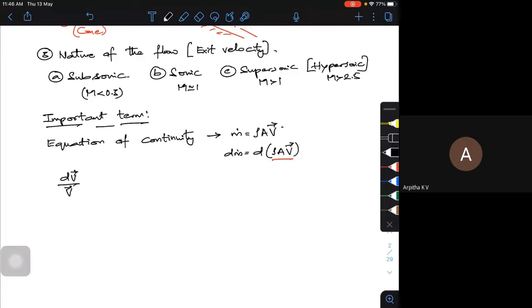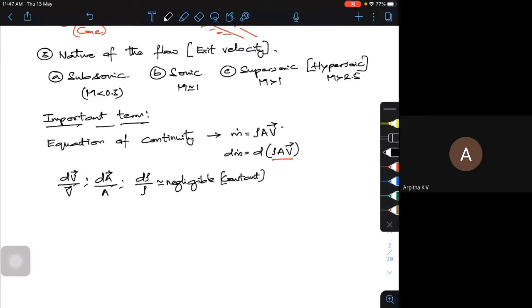And then what is your change in cross-sectional area? But when you look at your change in density relative to your original density, this density change is almost negligible or constant.